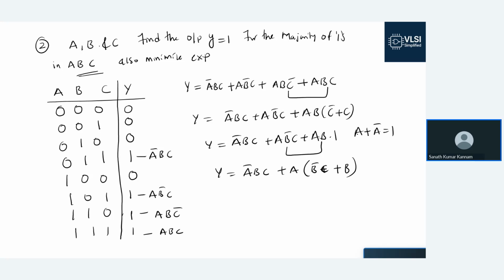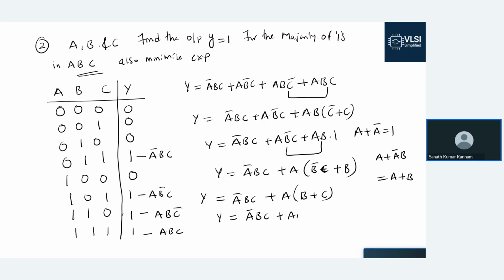We know the law, A or A bar B equals A or B. So Y equals A bar BC or A (B or C). B or C.